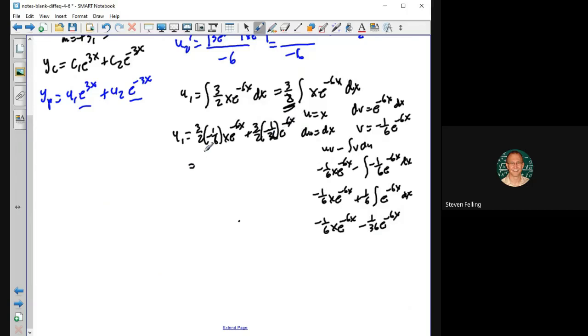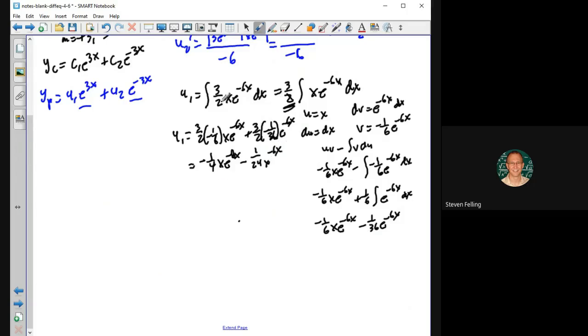So this is going to be negative, and then this will be 1/4, right? Because this will cancel to a 2, x e to the negative 6x. And then let's see, we've got negative, because this one's negative. So 3 over 36 is 1 over 12, so this will be 1 over 24 e to the negative 6x.